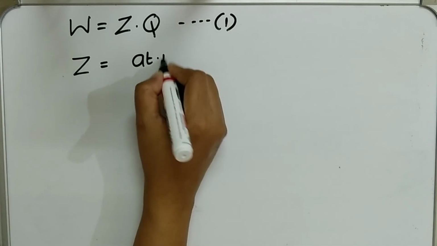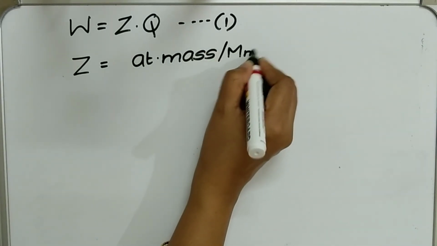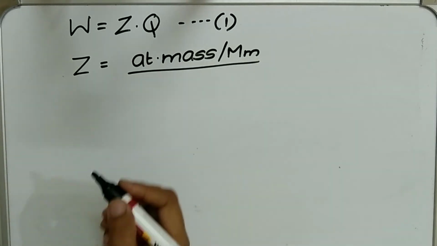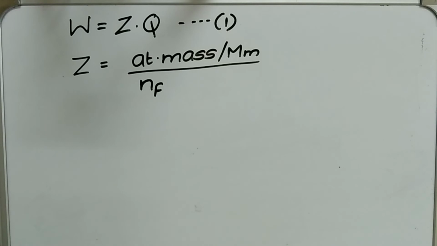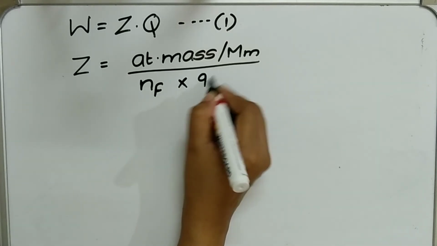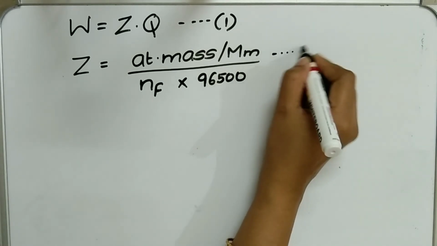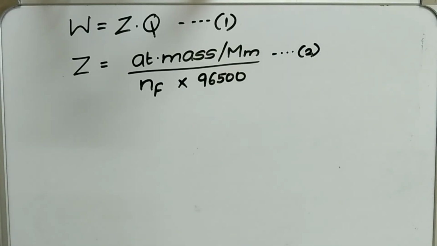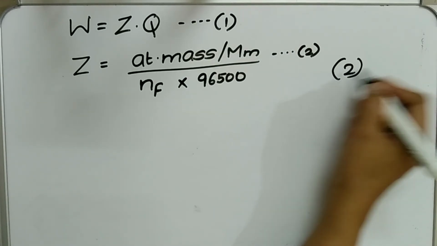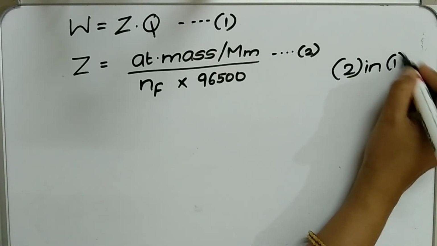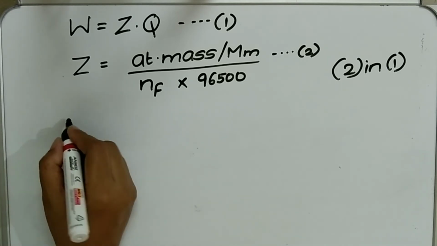So that is atomic mass or molar mass, MM means molar mass, divided by n factor, I will write it as Nf, into Faraday's constant 96,500. So that is equation number 2. Right. Now put this equation 2 in 1.